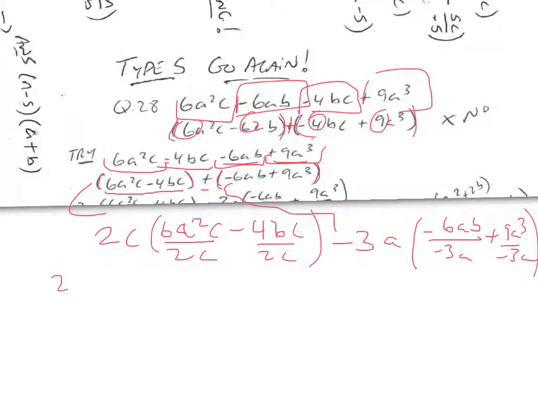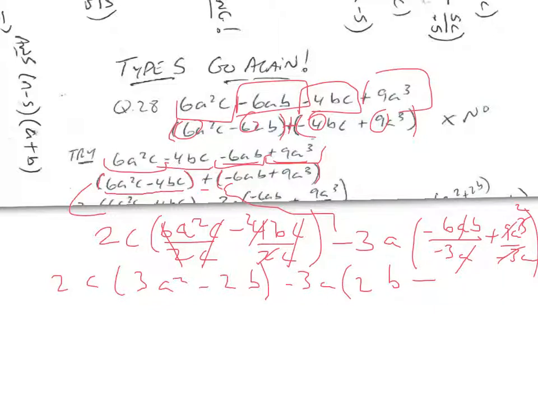So we've 2c, c will cancel, go in there, 3a squared times, c will cancel, 2 will go in there twice, minus 2b, minus 3a into a will cancel there, minus divided by minus is plus, 3 into 6 goes 2, b times, and then here a will cancel with that, give that a squared, plus divided by minus is minus, 3 goes in that once, goes 3 times, so 3a squared.